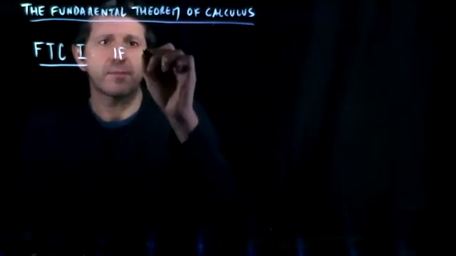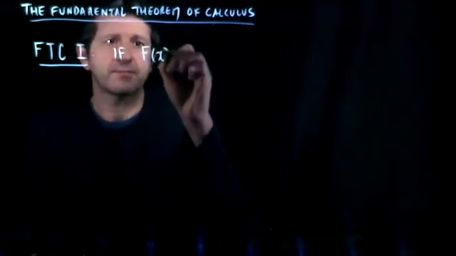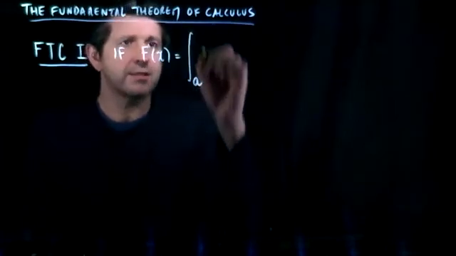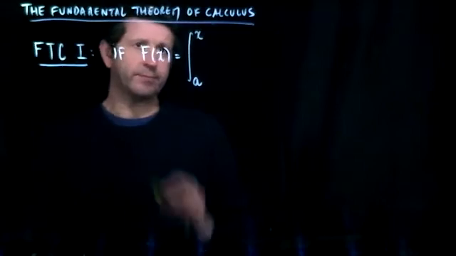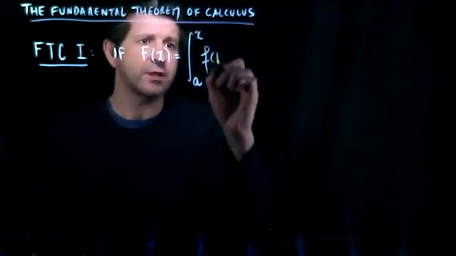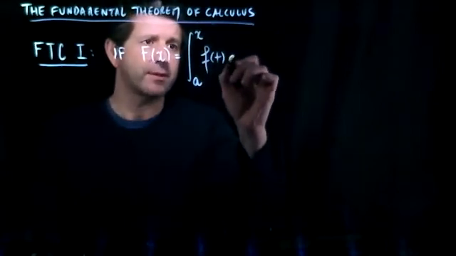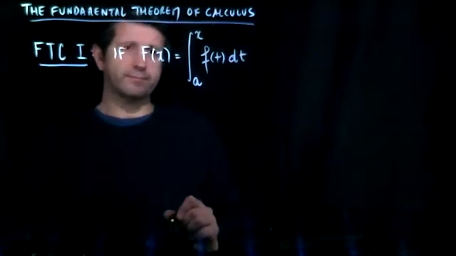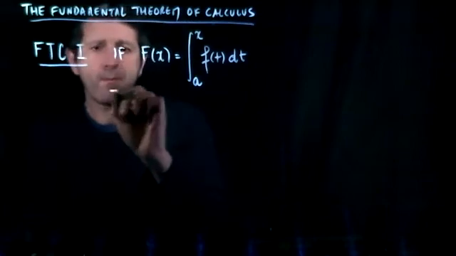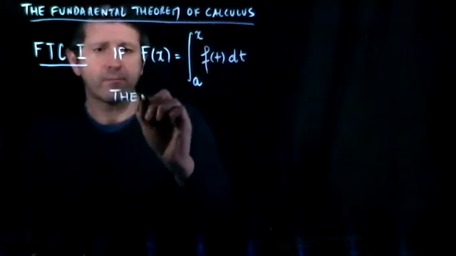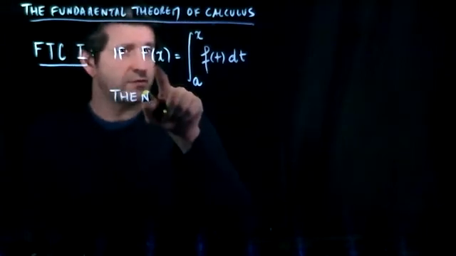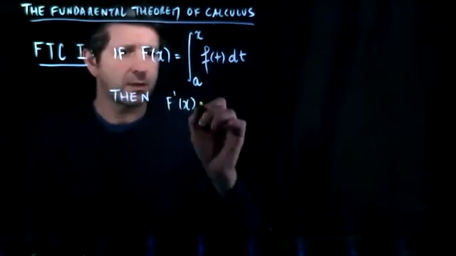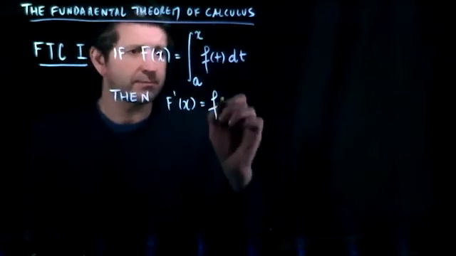If F of x is equal to the area from a to x of a certain function f of t dt, then if you do the derivative of this function, you will get f of x.